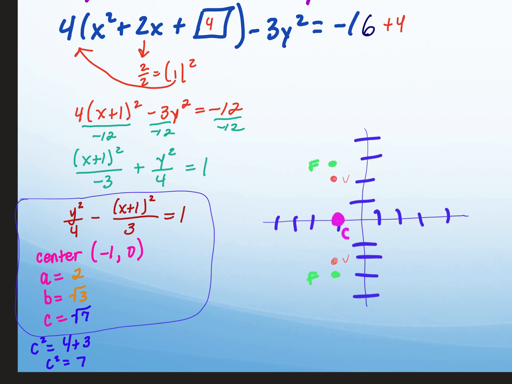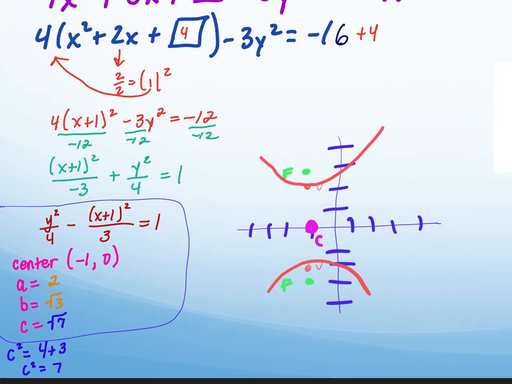So now we have kind of a general picture of what our hyperbola looks like. I know that it's a vertical. I know my branch is open towards the foci, and I know where my center is, right? So something like that. Why is that important to have a visual in your mind if you're trying to find the asymptotes?